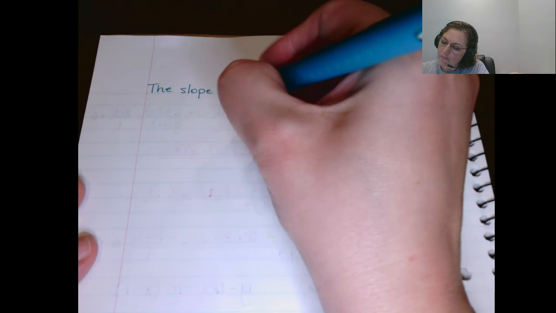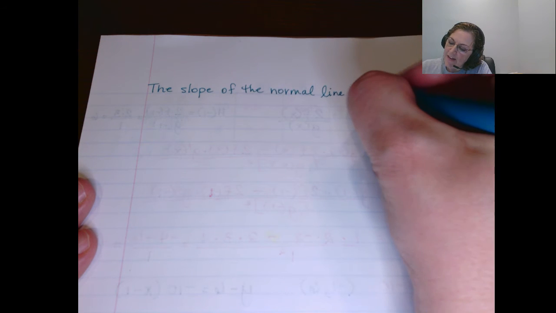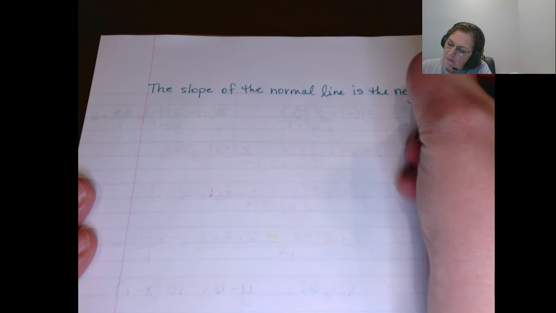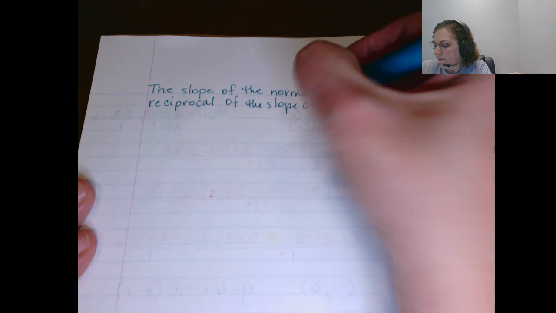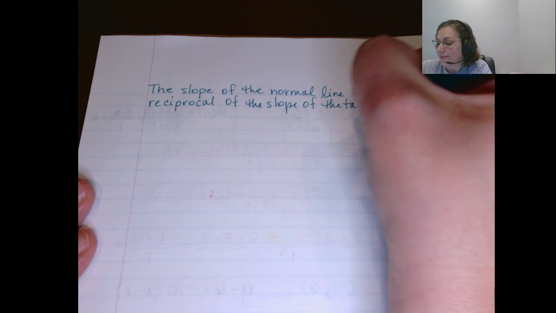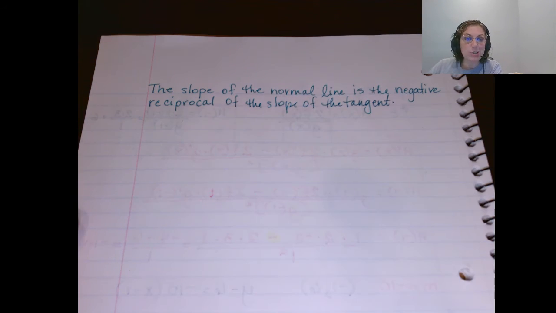So let's make sure in our notes that we have the slope of the normal line is the negative reciprocal of the slope of the tangent. That simply means we're going to flip it and change the sign.